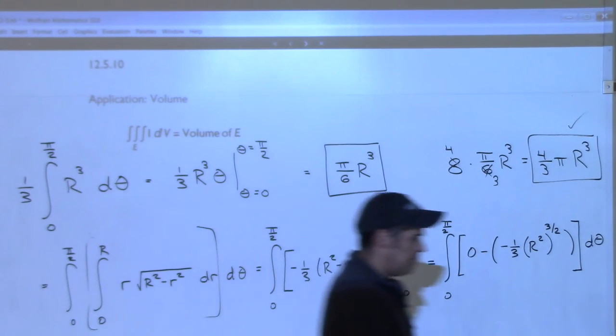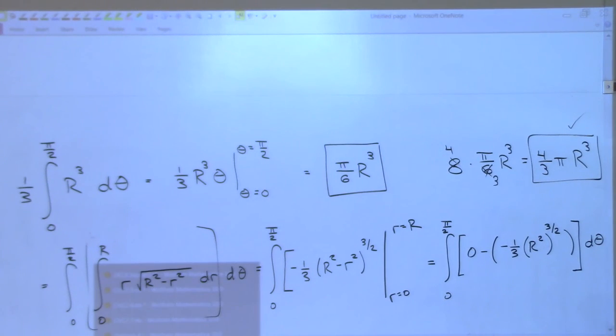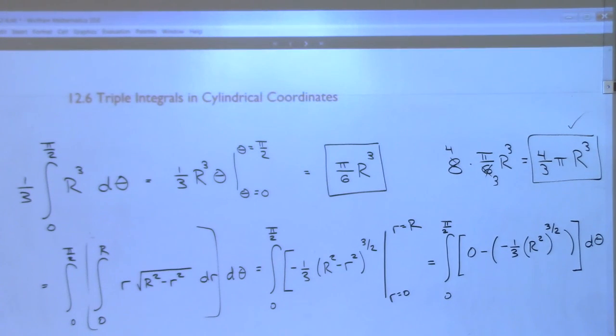Pretty cool. So next class, what we will start is 12.6, which is what's called triple integrals in cylindrical coordinates. Now don't let that freak you out. We just did a problem in cylindrical coordinates. All cylindrical coordinates is, is doing polar.